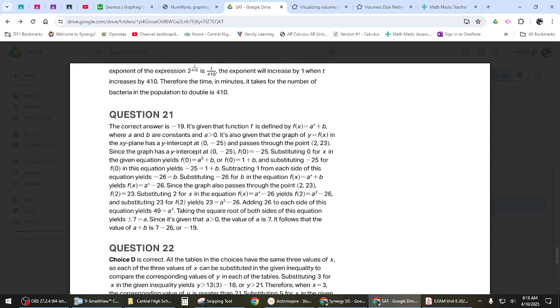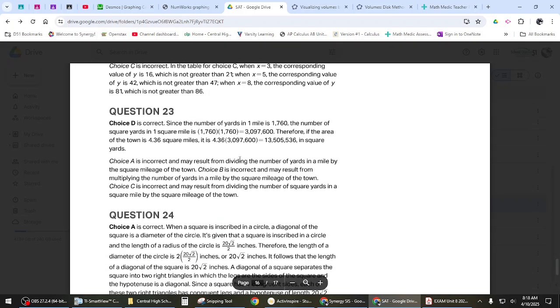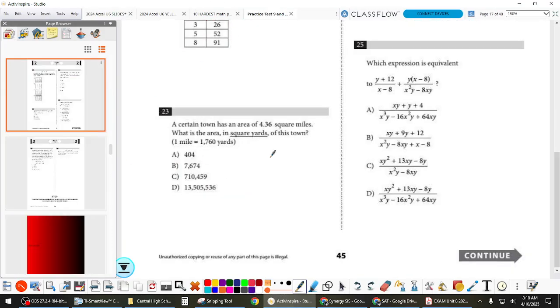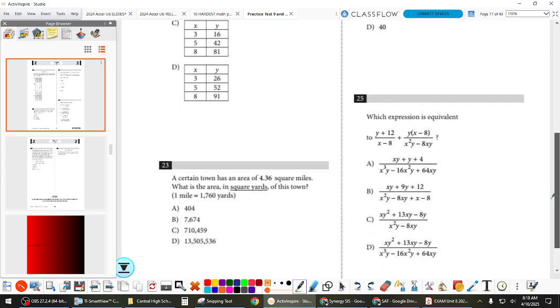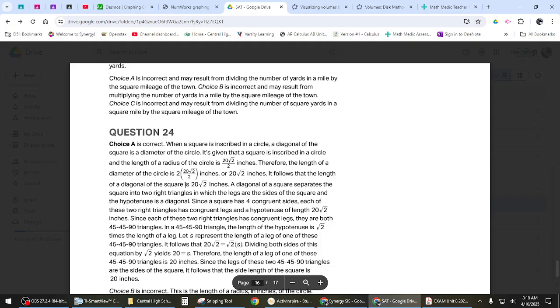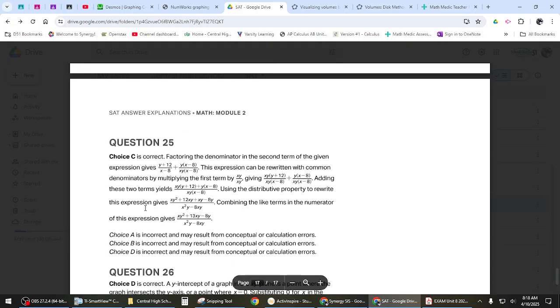Anyway, 21 then is negative 19. 22 is D. 23 is D. And let's just make sure that's all. No, that keeps going to problem 25. Yeah, 24 is A. 25 is C.